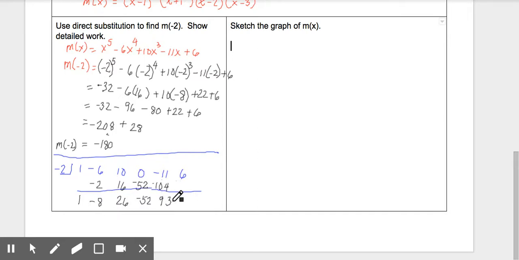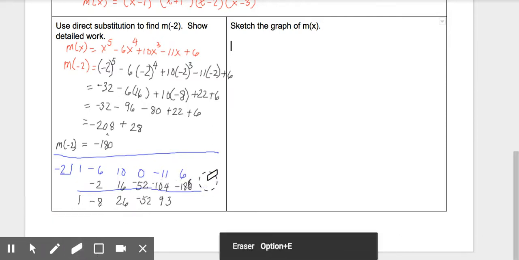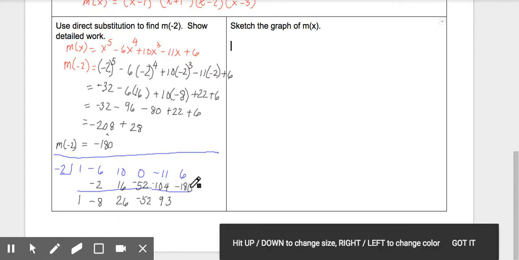So 93 plus 11 is 104. Okay. 93 times 2. 90 times 2 is 180. 3 times 2 is 6, so 186. But because I'm multiplying by negative, it's negative 186. And 6 minus 186 is negative 180.